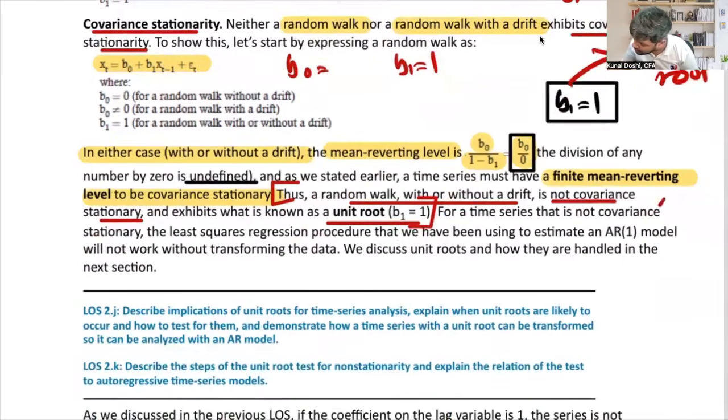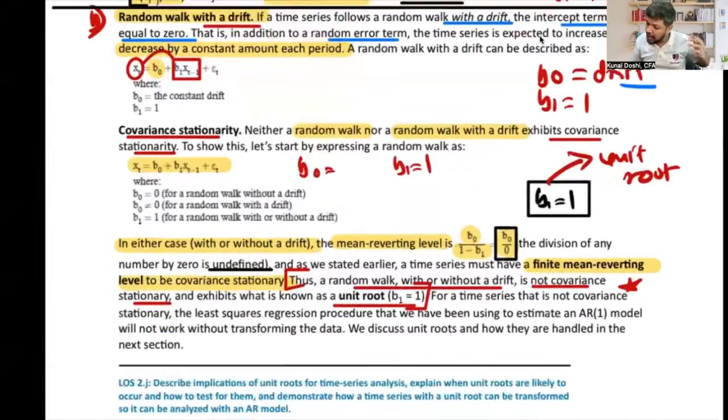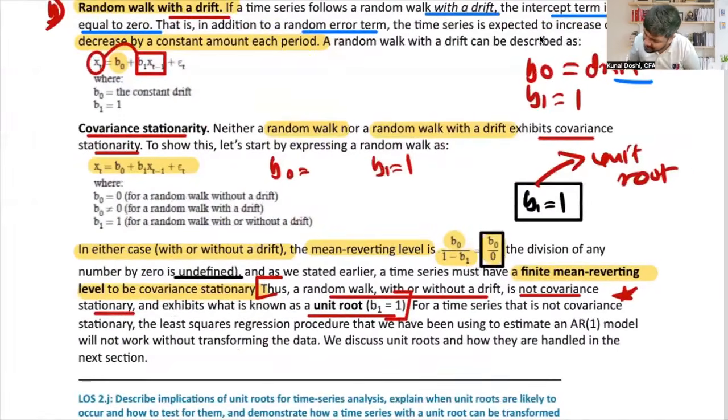This is the issue when you are using such a model where the value is dependent on the past. Are you with me, everyone? Whether B0 is 0 or not equal to 0, it is 0 for a random walk without drift, and with drift it is not equal to 0. But B1 is equal to 1. That was common under both, and that resulted in covariance non-stationarity.